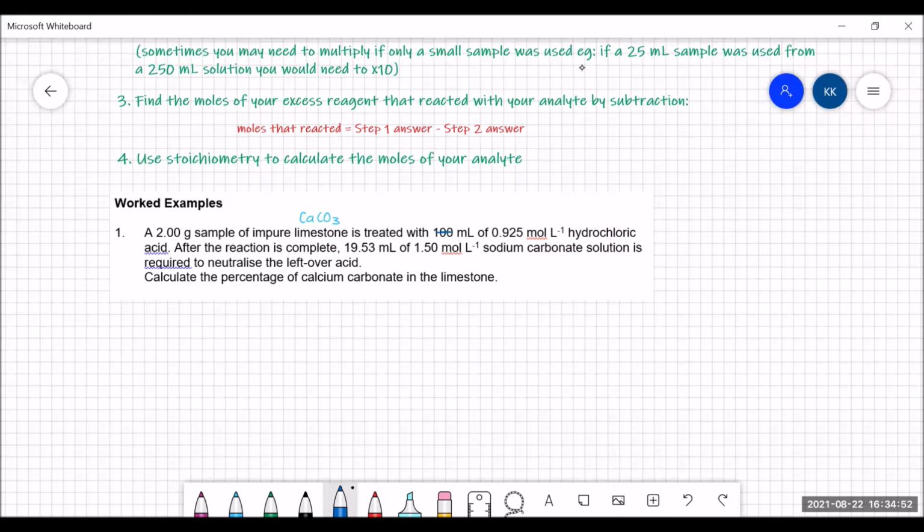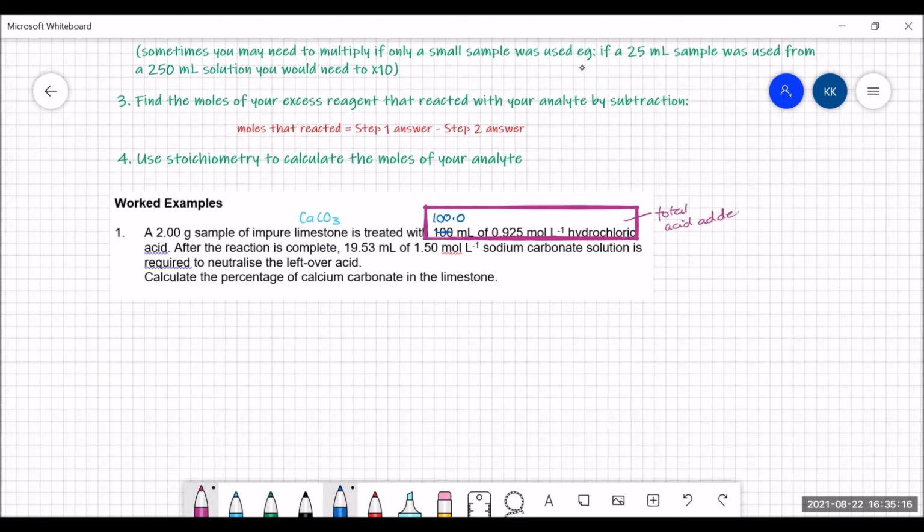Let's make that 100.0 mL so that we know the number of significant figures, of 0.925 moles per litre hydrochloric acid. Now, I find it useful in these calculations to identify this as your total acid. So that's the total acid added.